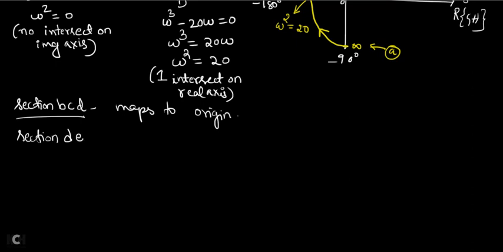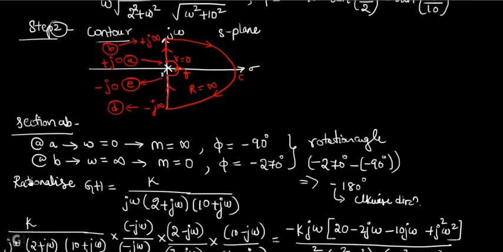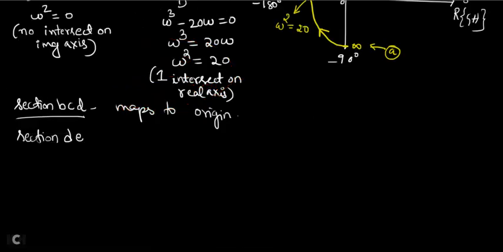Next section is section D to E. See, section D to E is the mirror image of section A to B. Correct, no? D to E is nothing but the mirror image of A to B. So I need not do that also. I can simply write section D to E, mirror image of section A to B.